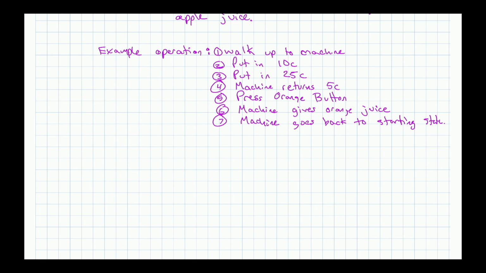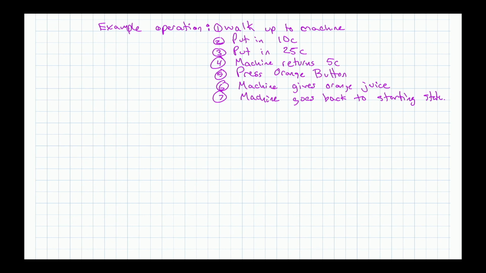Okay. Now, what are the states of a finite state machine? The idea is we're going to model this vending machine by how much money is currently in the machine. Every state machine is going to have states.